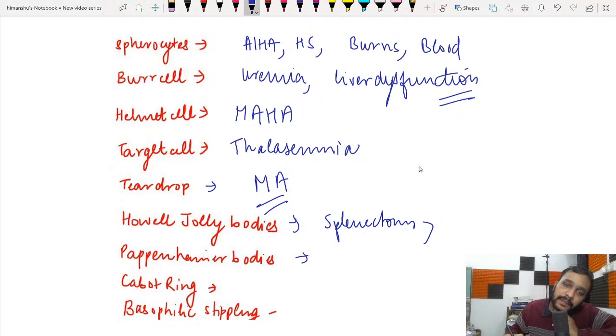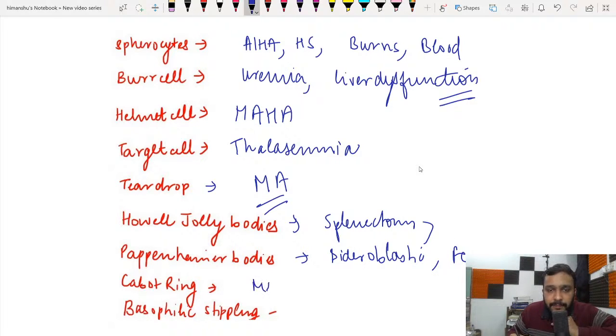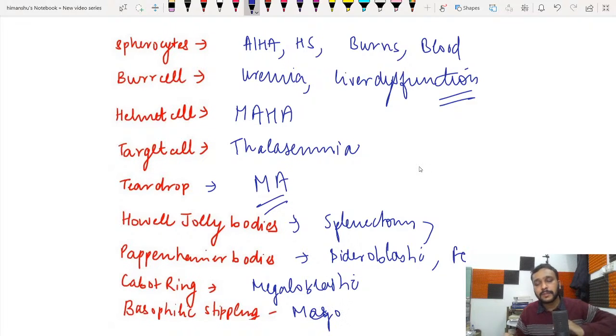Pappenheimer bodies are seen in sideroblastic anemia, then iron deficiency anemia. Cabot ring is seen in megaloblastic anemia. And basophilic stippling is also seen in various causes.